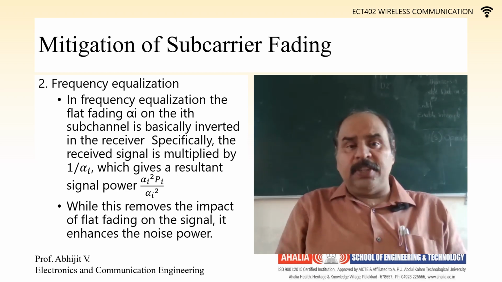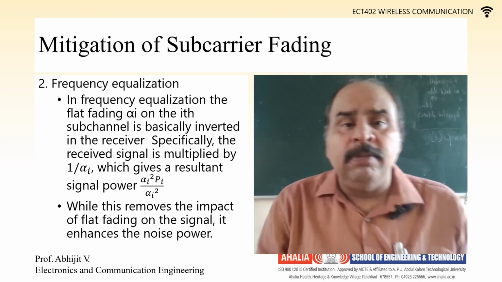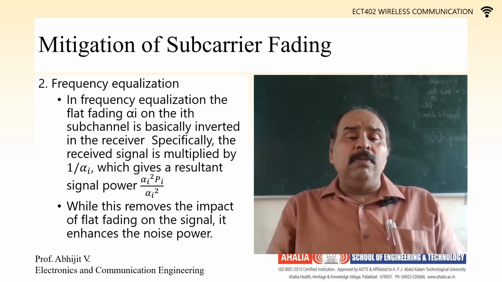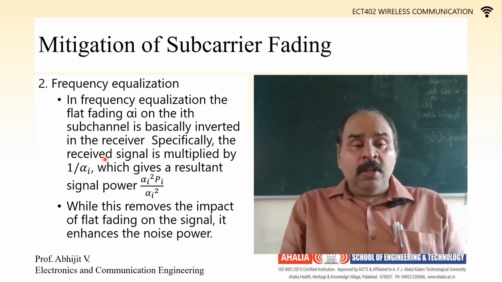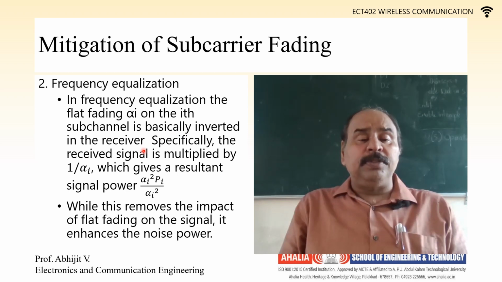The second one, frequency equalization. The first thing we have seen is coding with interleaving over time and frequency. The second one is frequency equalization. In frequency equalization, the flat fading alpha i on the ith subchannel is basically inverted in the receiver.